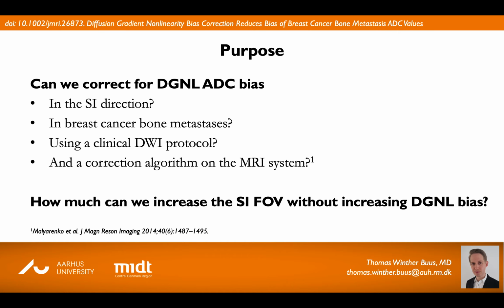Can we correct it in breast cancer bone metastasis using a clinical DWI protocol and a correction algorithm on the MRI system? The correction algorithm used was based on the work by Malyarenko and Chenever, which you can find here. And lastly, how much can we increase the SI field of view without increasing diffusion gradient nonlinearity bias?